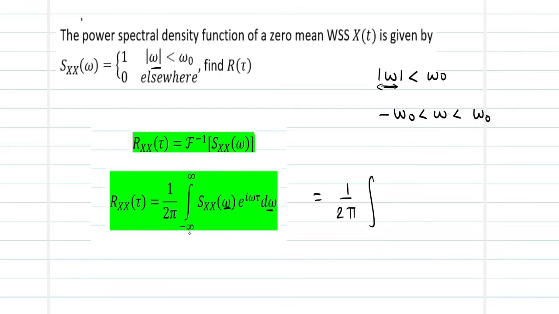Where is my limit? It is not from minus infinity to infinity. It becomes 0 elsewhere, but valid only between minus omega naught to omega naught. What is the input function Sxx of omega? You take it from over here. The input function is going to be equal to 1, and this is going to be e power i omega tau, and the integration is with respect to omega.